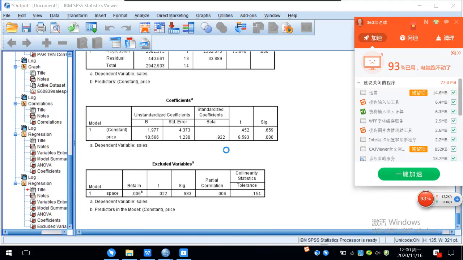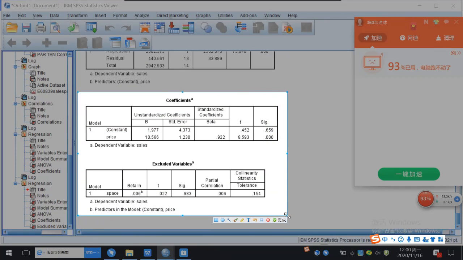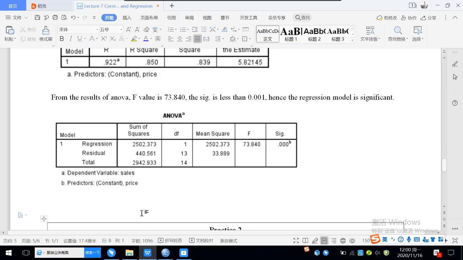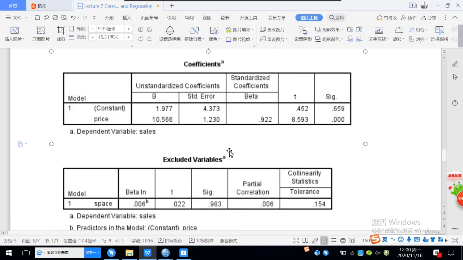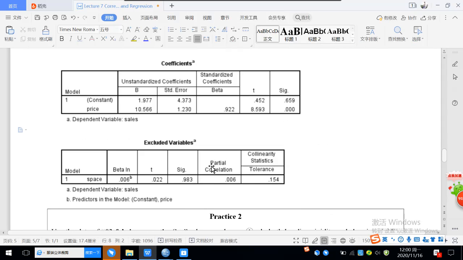When we use the stepwise, look here, the space is not significant.